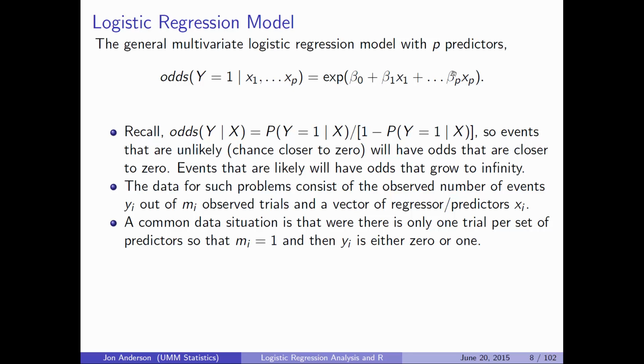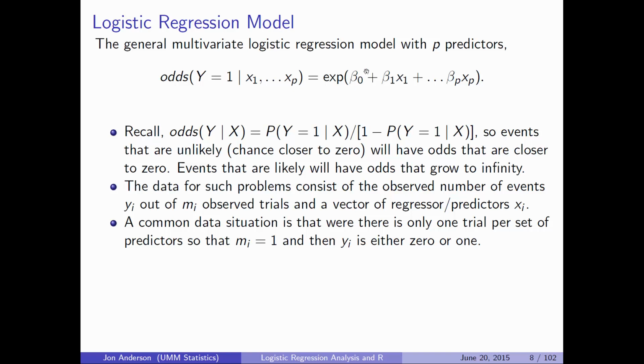So e raised to this linear function controls the risk. When the risk or the odds of the event is higher, it must mean that this linear function is accumulating bigger values. If the risk is lower and it's not a very likely event, then this linear combination is adding up smaller and smaller values.